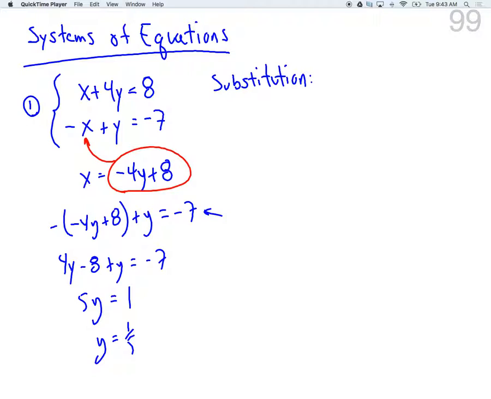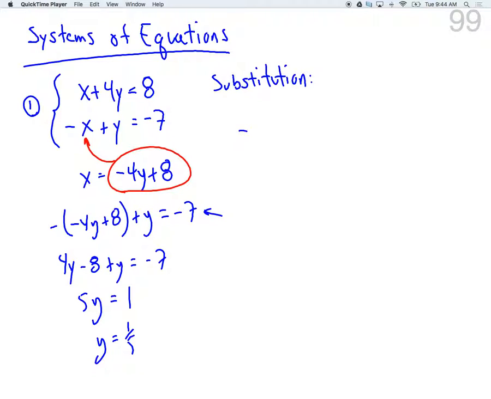Now what? How do I find x, Alex? You have y, so you plug it into one of the equations. Do you care? Well, no. You get the same answer. Do you have a preference? Yeah, the normal one without the coefficient on the bottom. Okay, let's plug it in there then.